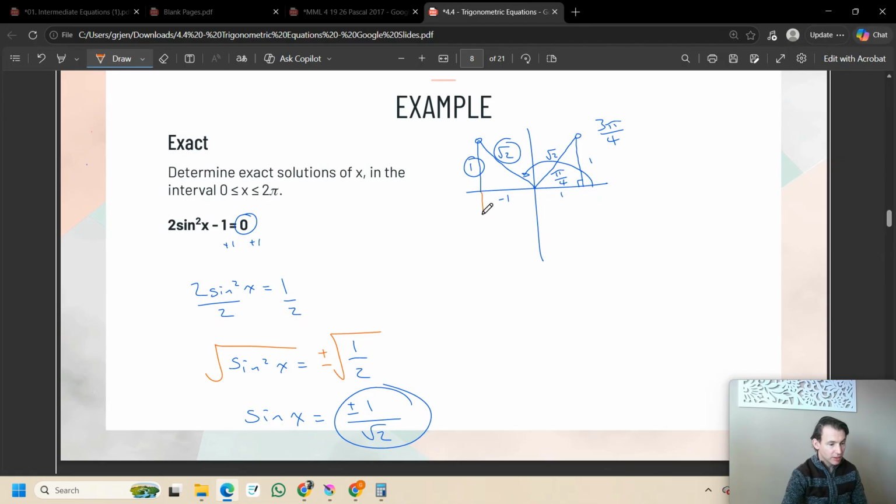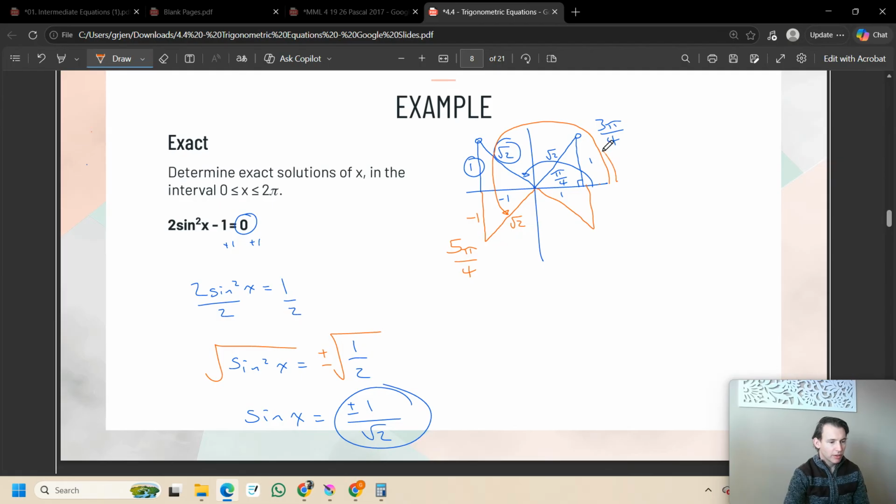Sine could be negative here, negative 1 over root 2, that one there. And this angle here is 5 pi by 4. Why does it work? Well, this is root 2, this is negative 1, and negative 1 over root 2 is negative 1 over root 2. I mean, I don't know what to tell you. And of course, this one also works.